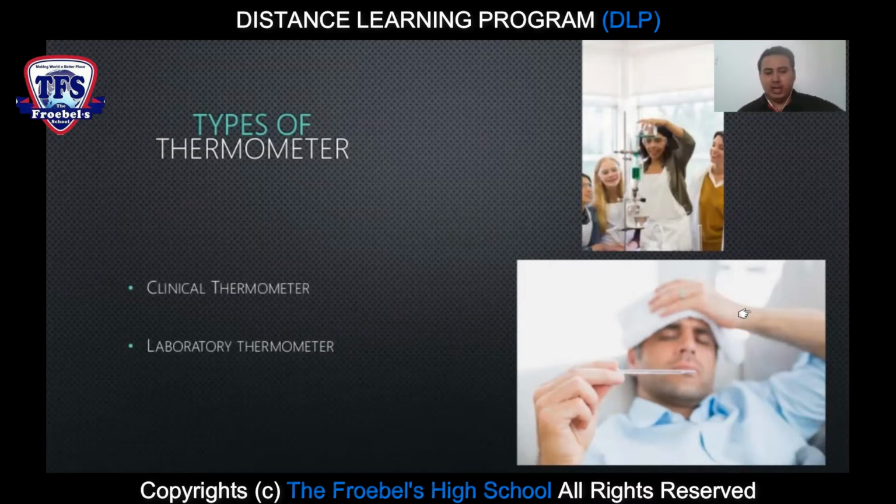Now, about the alcohol. Alcohol expands uniformly. It has a low freezing point, that's its plus point, that is minus 115 degrees. And usually we use alcohol to check temperatures below 50 degrees centigrade. It has a large expansivity as compared to mercury. It is cheap, and it is a bit safer liquid than pure mercury.